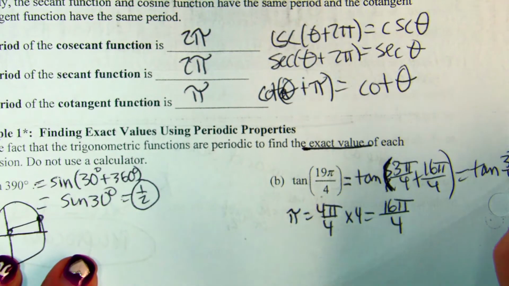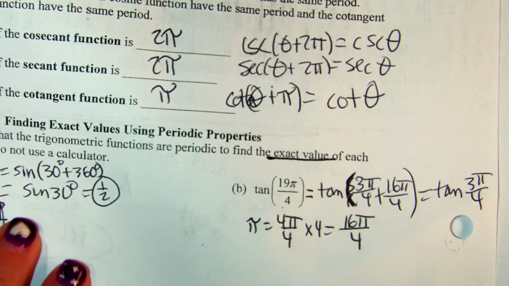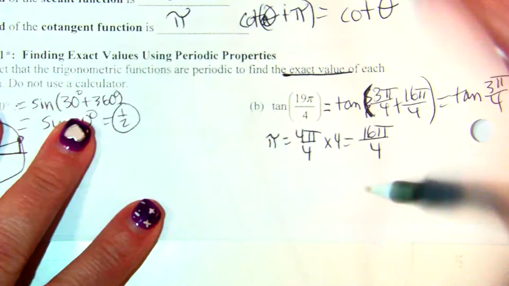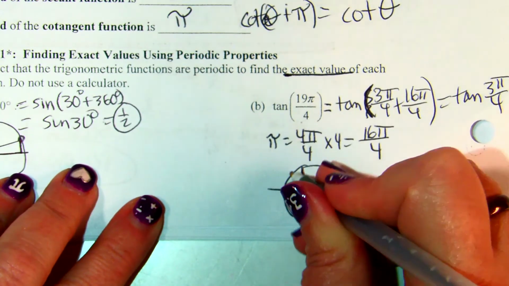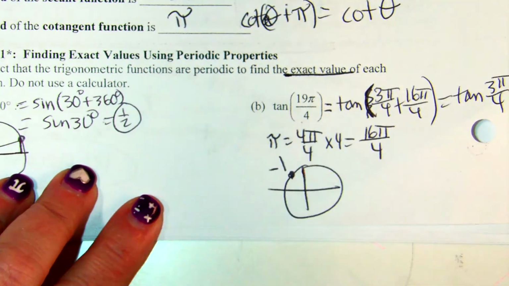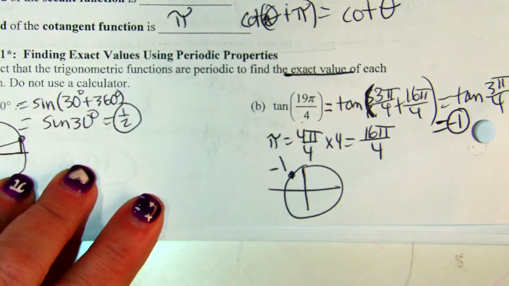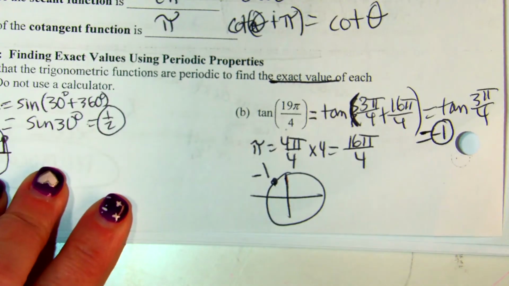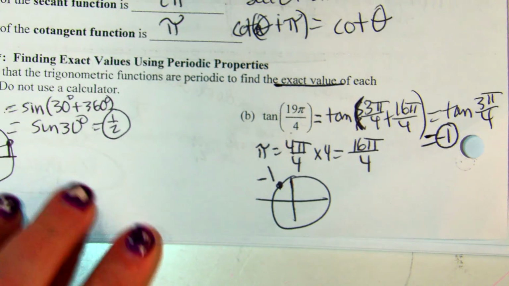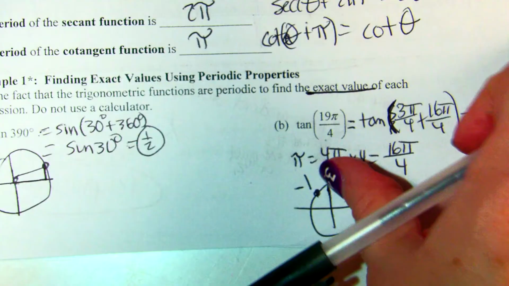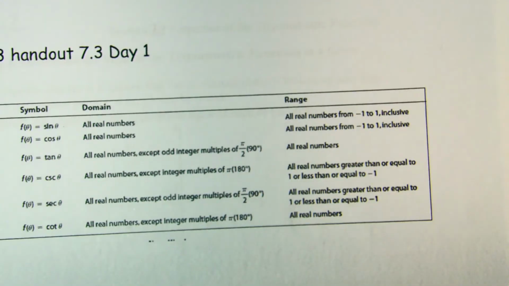So you have to think, where's 3 pi over 4? Well, it's right here, and the tangent is -1, because it's root 2 over 2 and negative root 2 over 2. So you get -1.